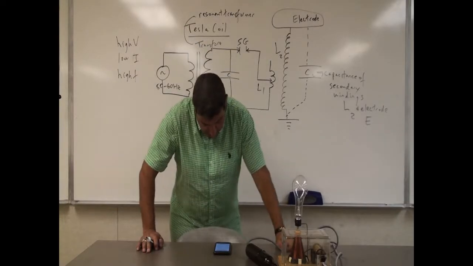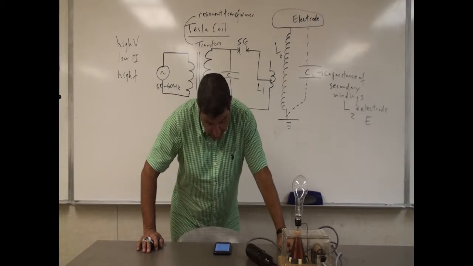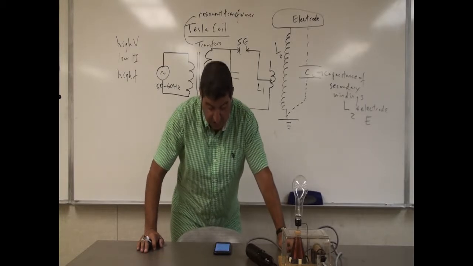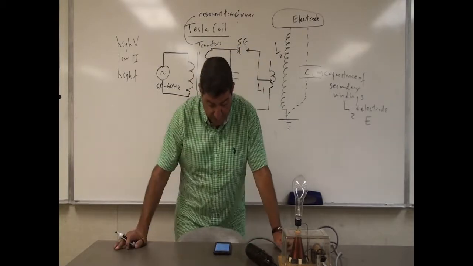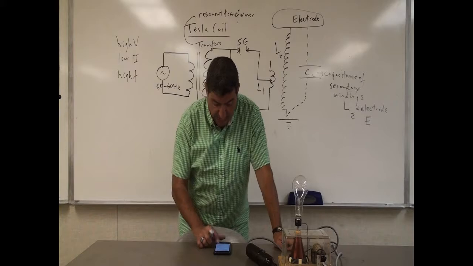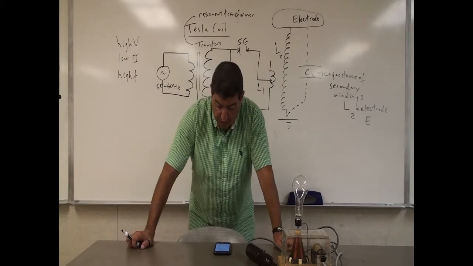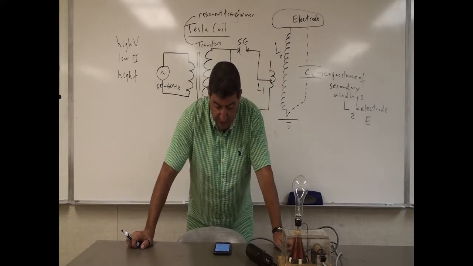So it says here, Tesla's original circuits, as well as most modern coils, use a simple spark gap. Most sophisticated designs use transistors or thyristor switches or vacuum tube electronic oscillators. Tesla coils can produce output voltages from 50 kilovolts to several million volts.